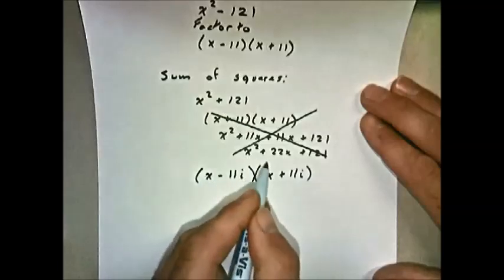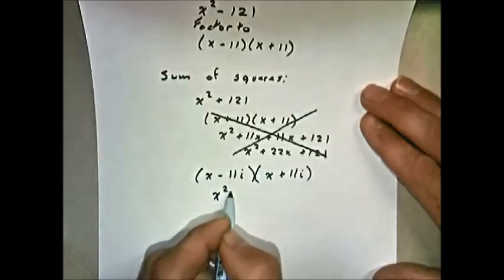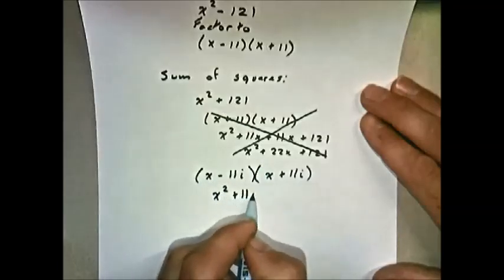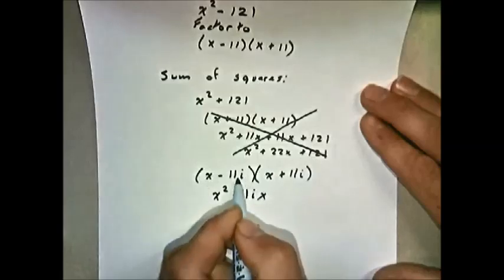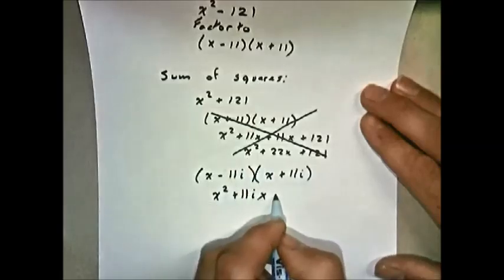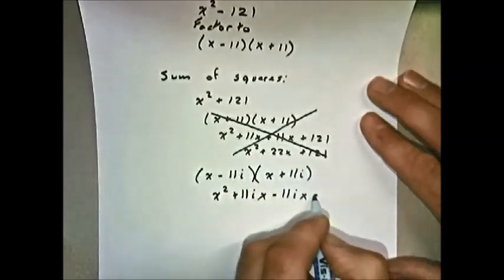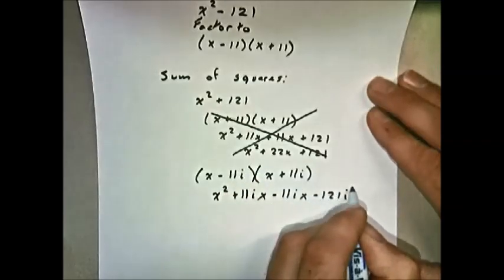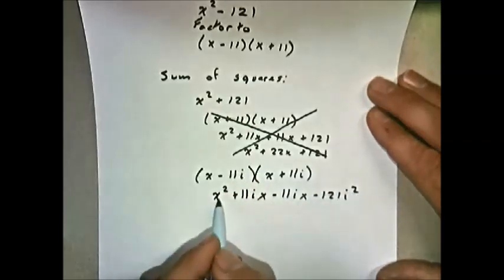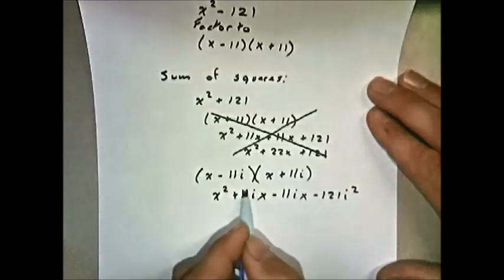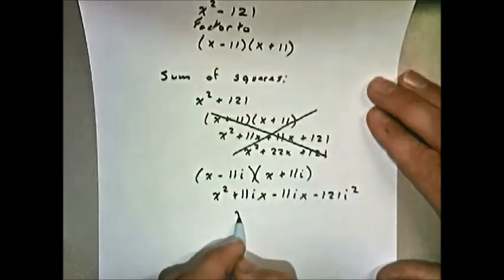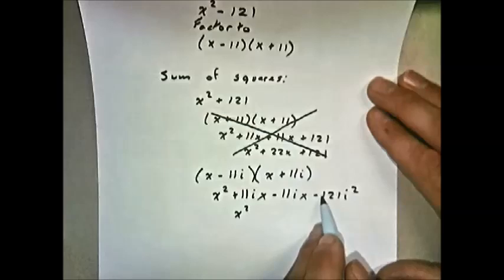If we multiply x through, we end up with x squared plus 11ix. Multiplying the negative 11i through, we get a negative 11ix and negative 121i squared. Our middle terms are going to cancel, so we end up with x squared.